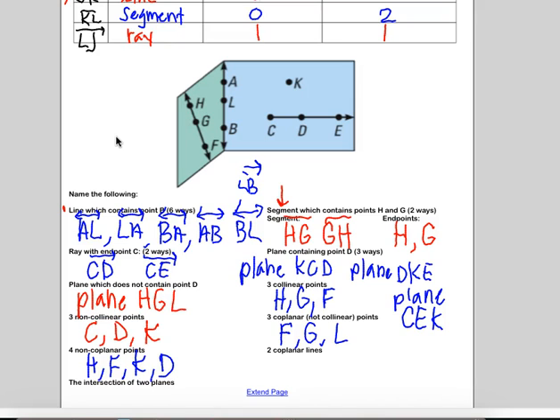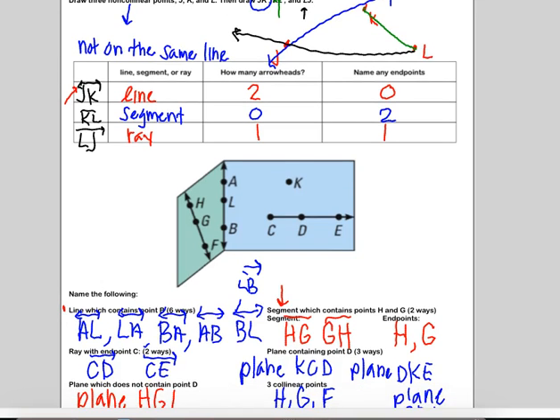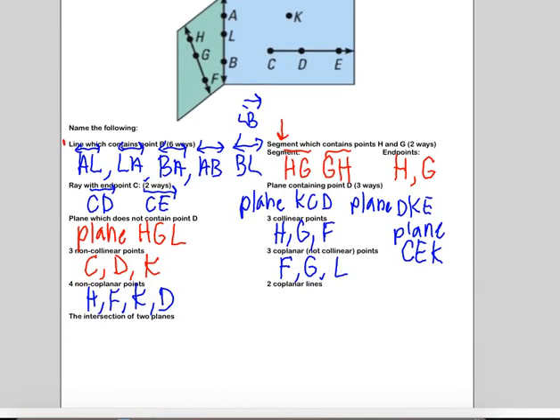Name 2 coplanar lines. Okay, so 2 coplanar lines, so 2 lines on the same plane. Well, I have line HF, and what about this line here, this edge?